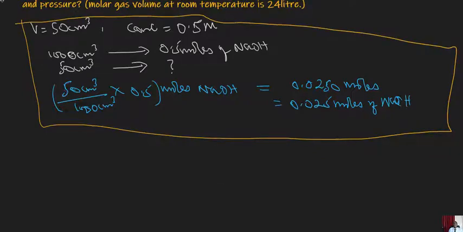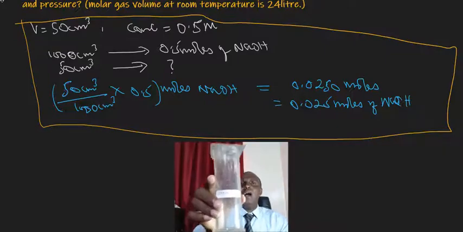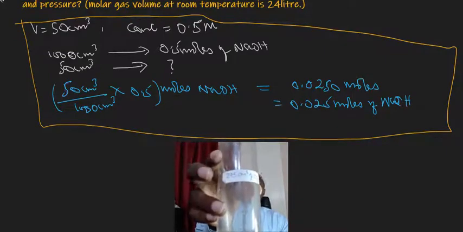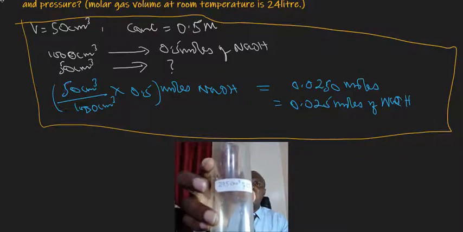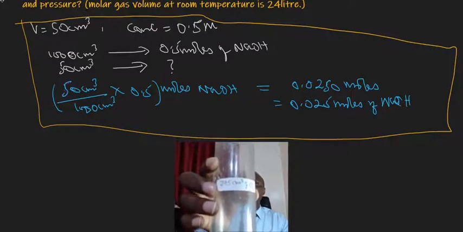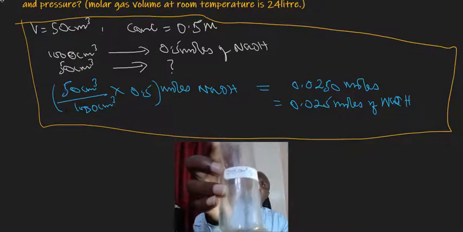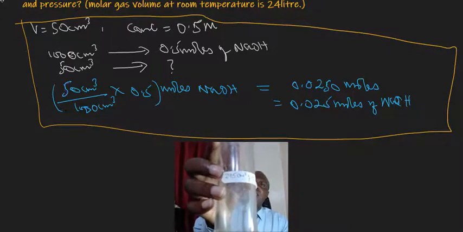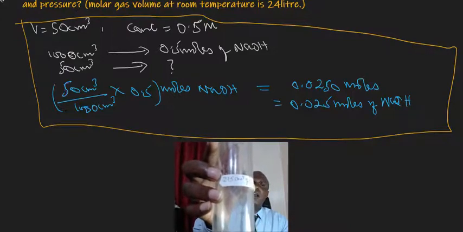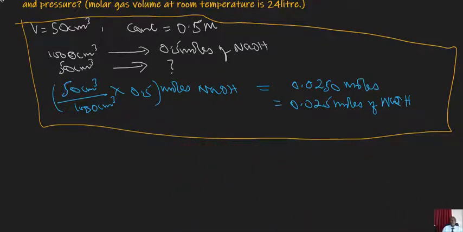So here we have a volume of carbon dioxide, a colorless gas, contained in this gas jar. We would like to know how many molecules, how many particles are inside this gas jar, and it is a very simple activity.